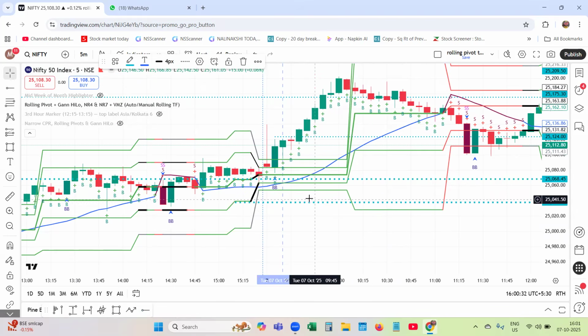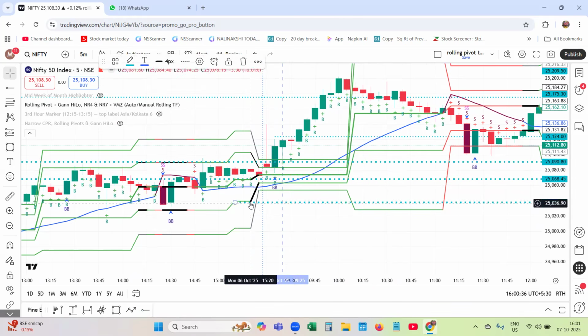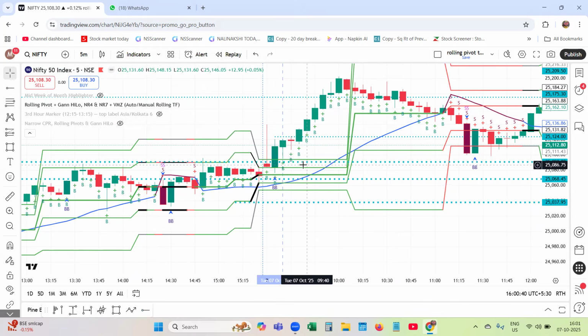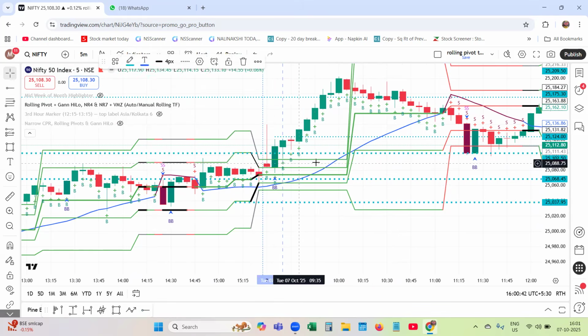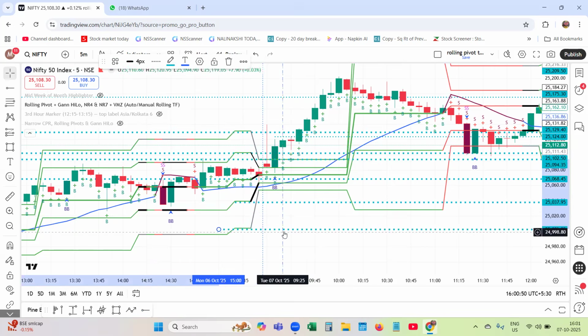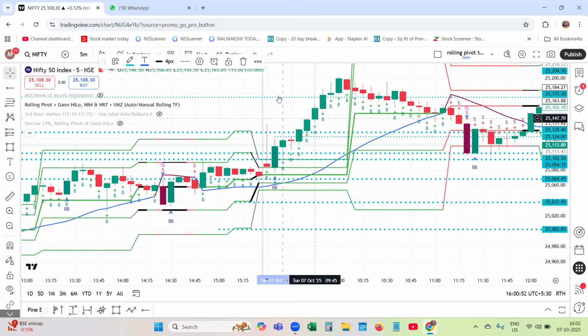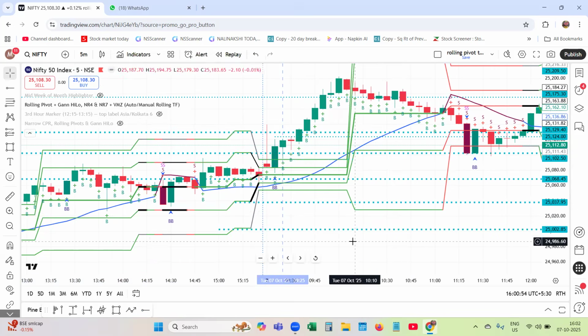And what I do is I mark all the pivots. This is the pivot and this is the R1. And next one, I am marking S1. All these clusters I am marking. So I get all the levels for my trade.